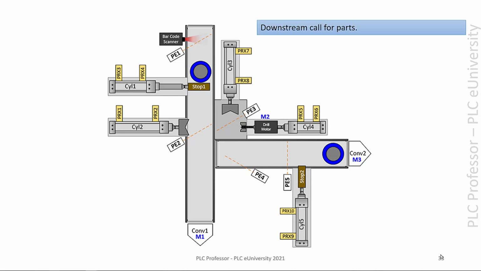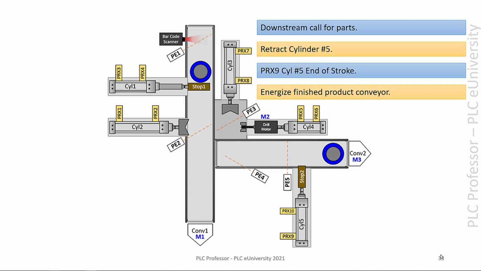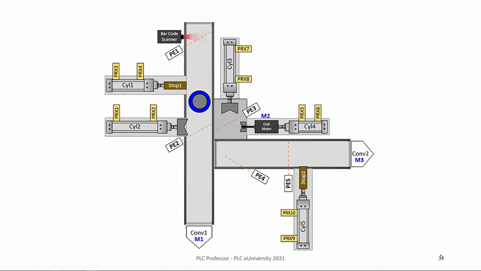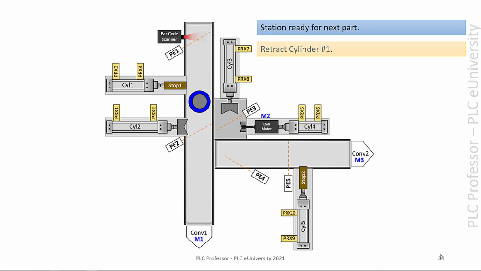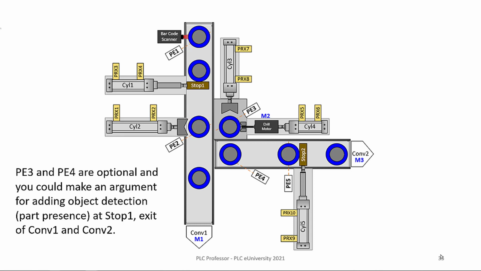Okay, so we had a downstream call for parts, we retracted cylinder 5, and then we energized the finished product conveyor to rinse it out of the system, or to send it off to the right. Then we release stop 1, pull it back, and it pulls it down into position. So when it breaks PE2, photo eye 2, we can do it all over again. Station ready for next part, retract 1. At end of stroke, then we're ready to go.